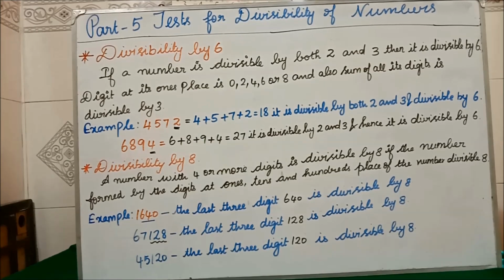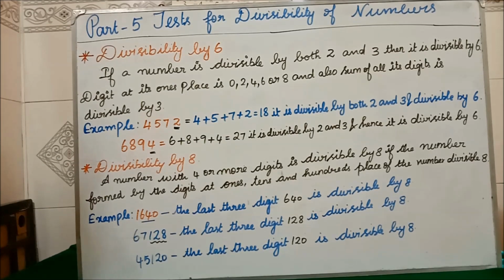Now we will see divisibility by 6. The condition for divisibility by 6 is: if a number is divisible by both 2 and 3, then it is divisible by 6. What is the divisibility by 2 condition?